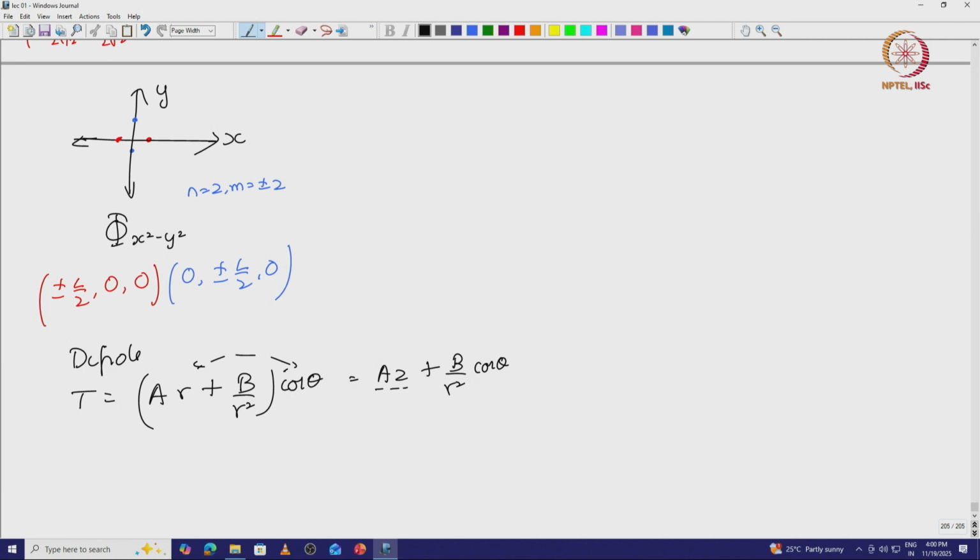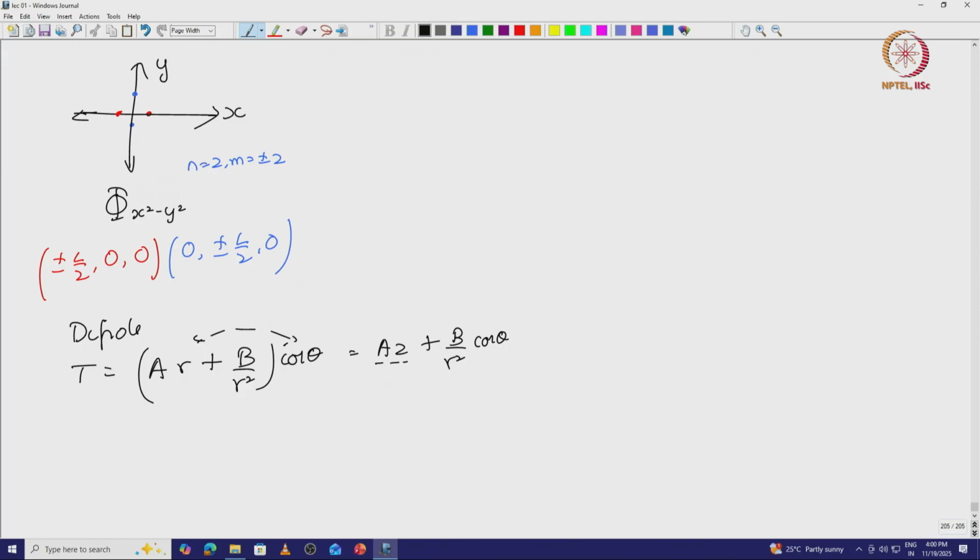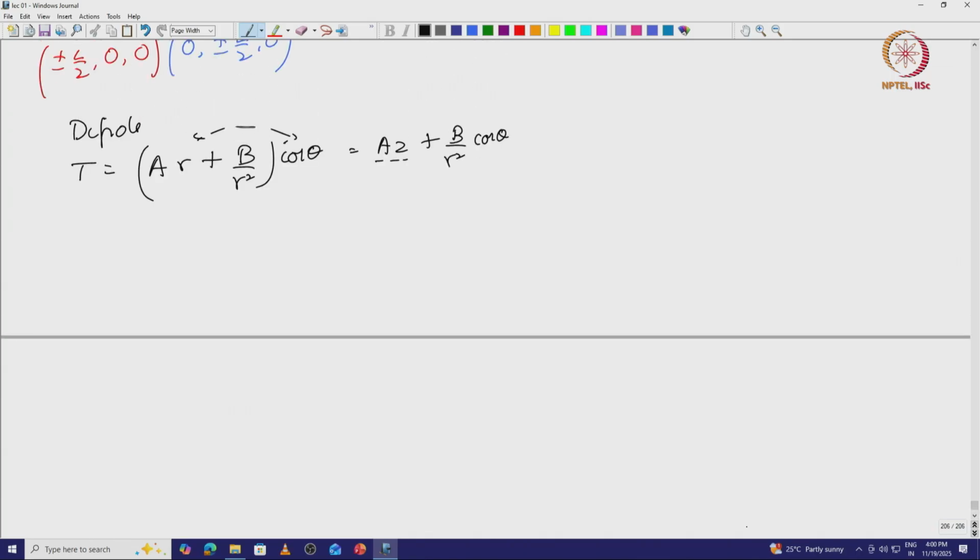Just as in the case of the decaying harmonics, for the point source on the z axis you had a point source and a point sink separated by distance L, which is much smaller than the distance x to the observation point.